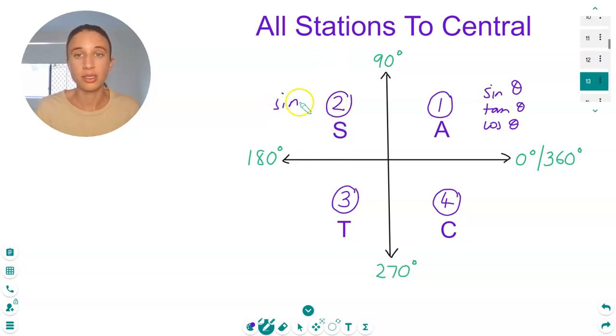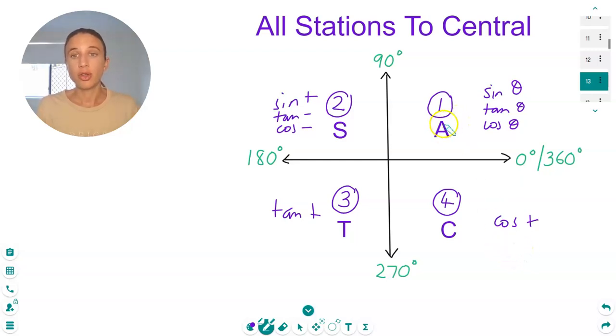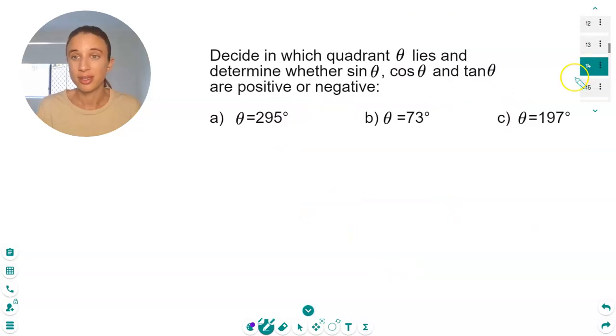So sine positive, tan negative, cos negative. In the third quadrant, tan is the only one positive. And in the fourth quadrant, cos is the only one positive. The rest are negative. So if you can remember all stations to central, ASTC, it will help you know which are positive.